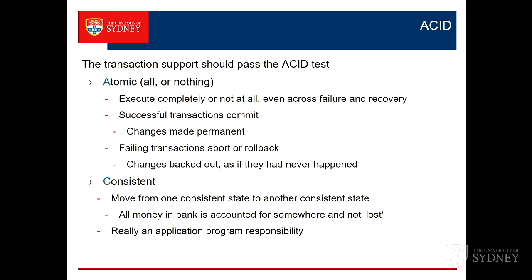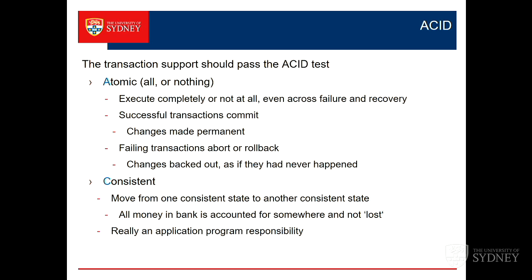The thing that implements our transactions for us must pass what is called the ACID test. It's a made-up acronym, but it's nice. Someone had a great time inventing the ACID test. The A in ACID is atomic. A transaction must complete or fail completely.